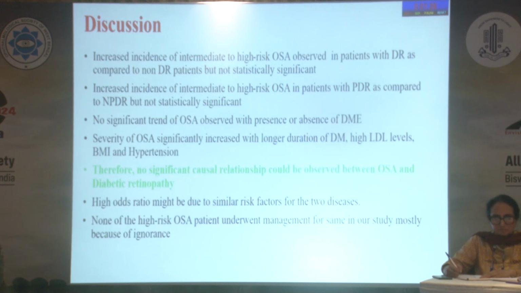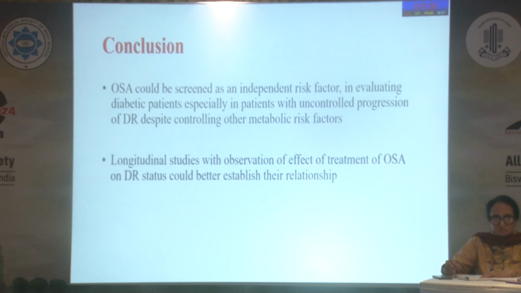A high odds ratio might be due to similar risk factors for the two diseases. So to conclude, OSA could be screened as an independent risk factor in evaluating diabetic patients, especially in patients with uncontrolled progression of DR, despite controlling other metabolic risk factors. Longitudinal studies with observation of the effect of treatment of OSA on DR status could better establish their relationship.